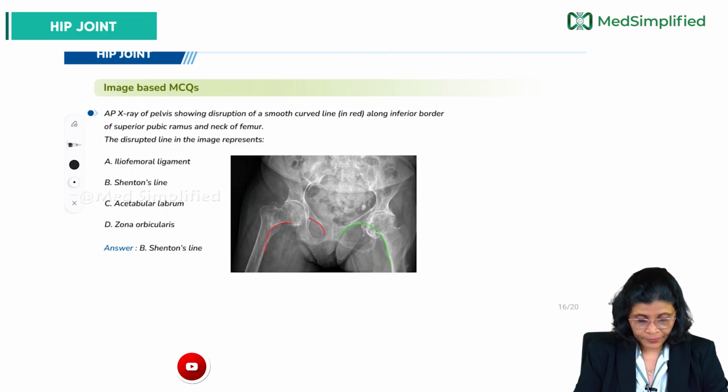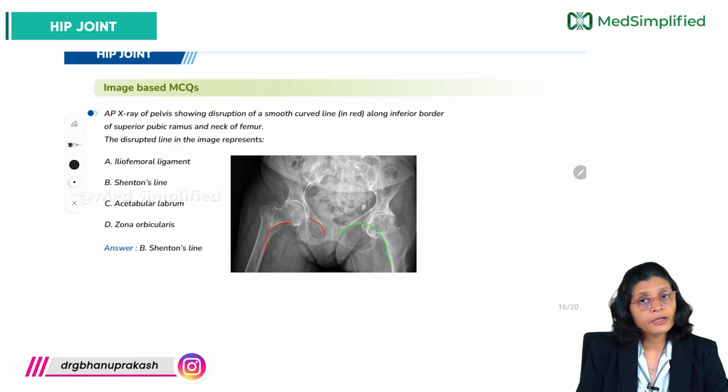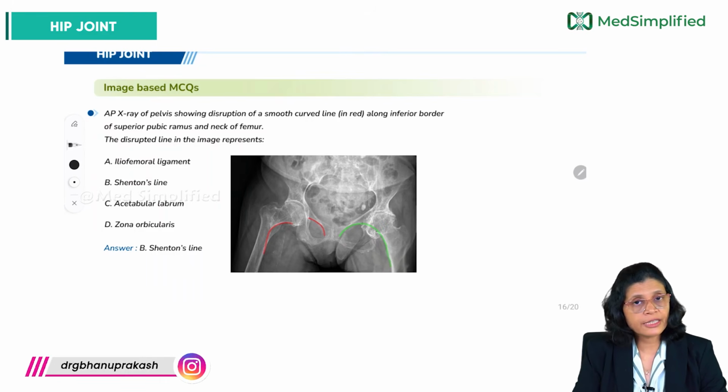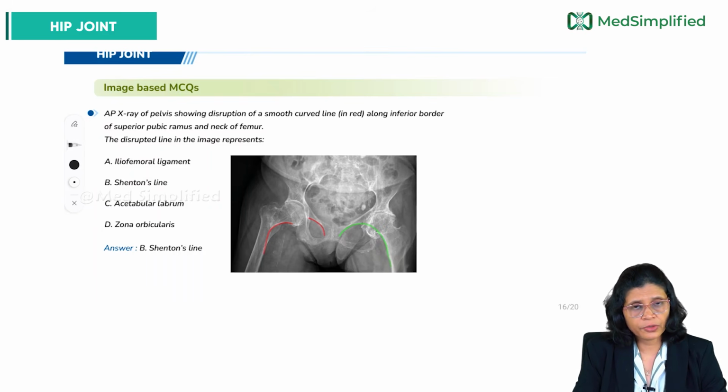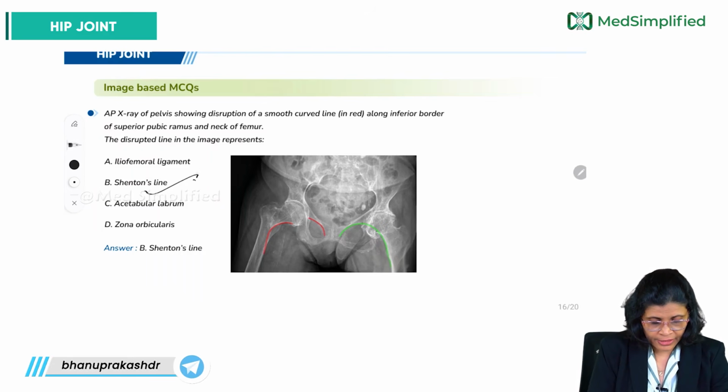Shenton's line is the smooth line which we see along the upper margin of the obturator foramen and along the neck of the femur. This should be a smooth line, and it is usually disrupted in case of fracture or dislocation of the hip joint. So the answer is Shenton's line.